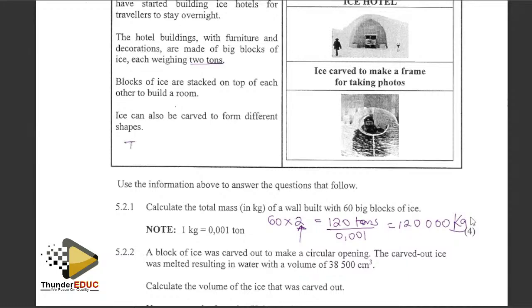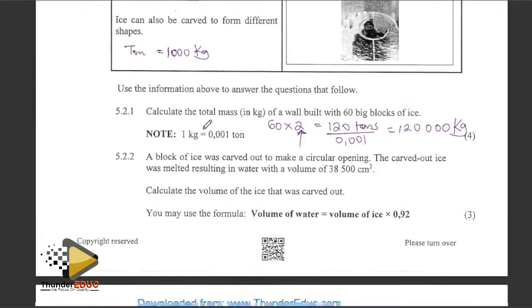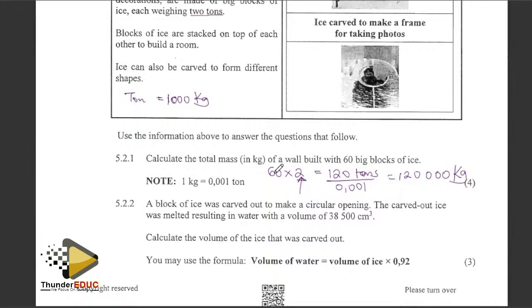Whenever we know a ton will always equal 1,000 kilograms. A ton will always weigh 1,000 kilograms. So this is it. So that was supposed to be the answer.